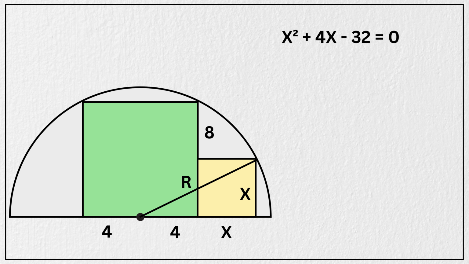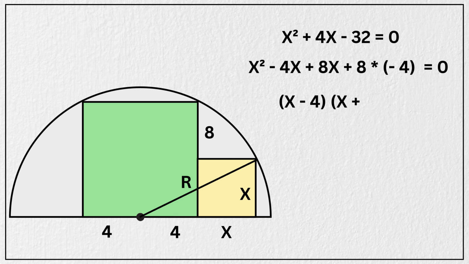This equation can be rewritten in factored form as x squared minus 4x plus 8x minus 32 equals 0. Now taking the common term out, we get (x minus 4) times (x plus 8) equals 0. This gives us two possible solutions: x equals 4 or x equals negative 8.